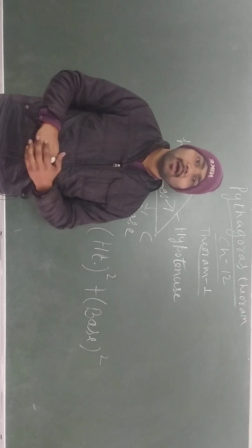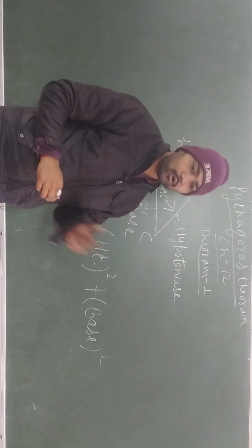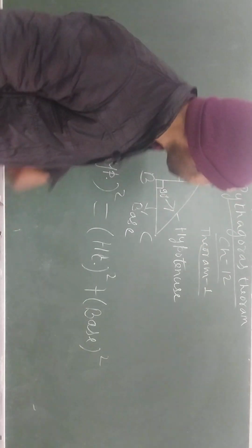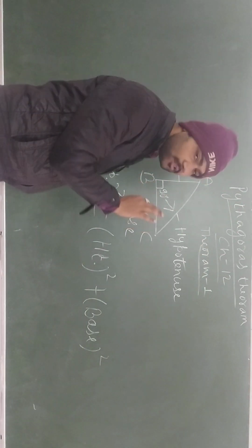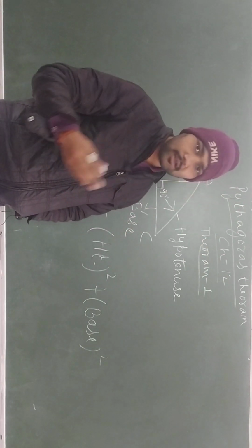Then we have a converse theorem. You all know about this theorem. In the converse theorem, what happens? It is also applied in this figure only, in a right angle triangle, obviously.